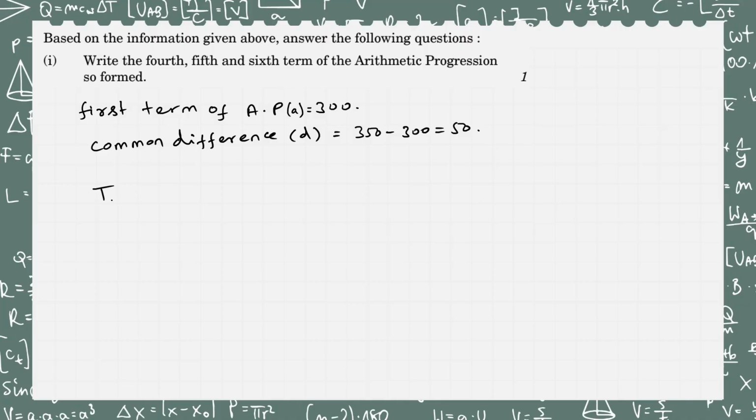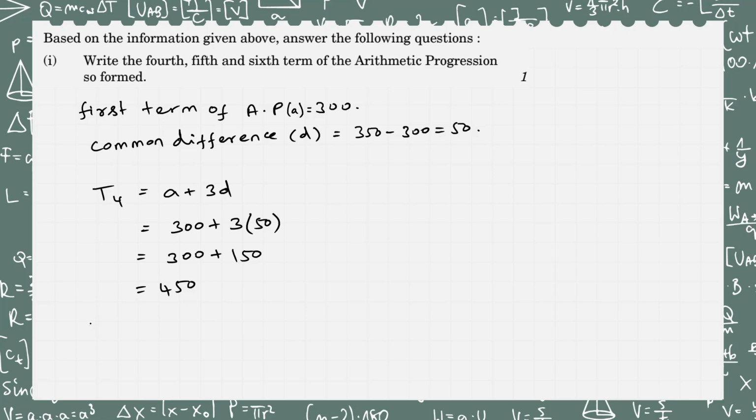So term 4 is equal to A plus 3 times D, right? By using the formula, that is equal to A is 300 plus 3 times the difference, 50. So this is going to be 300 plus 150, which is 450.